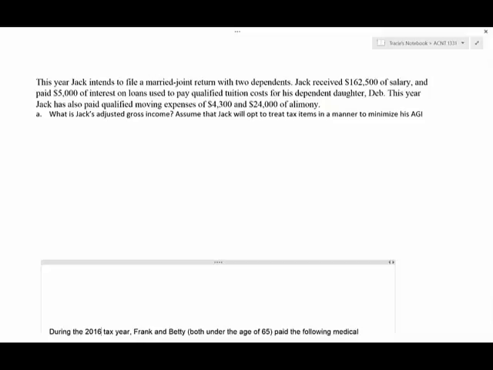Jack received $162,500 of salary. He paid $5,000 of interest on loans used to pay for tuition for his daughter Deb, and he also paid moving expenses of $4,300 and $24,000 of alimony. And it wants to know Jack's adjusted gross income.